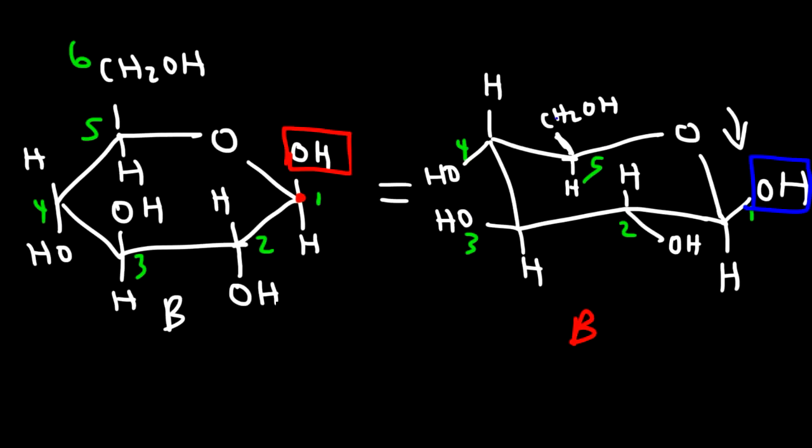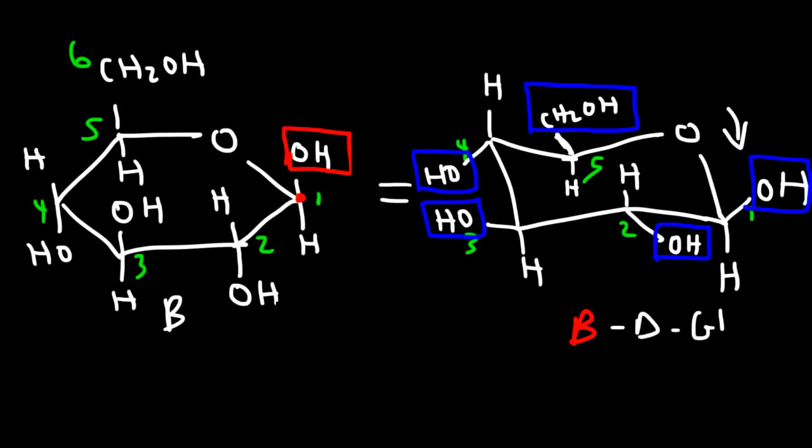And not only that, but notice that the CH2OH group and all of the other hydroxyl groups are all on the equatorial position. Thus, glucose is the most stable aldohexose. And that's why beta D-glucose is so common. It's because of the stability of the chair conformation that it forms. And so glucose is the most common aldohexose.